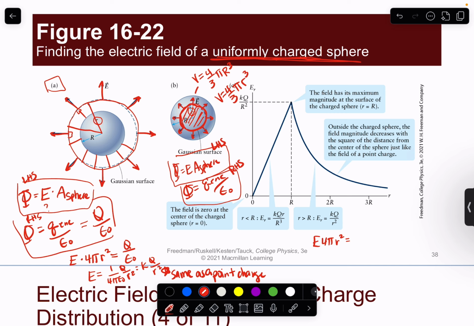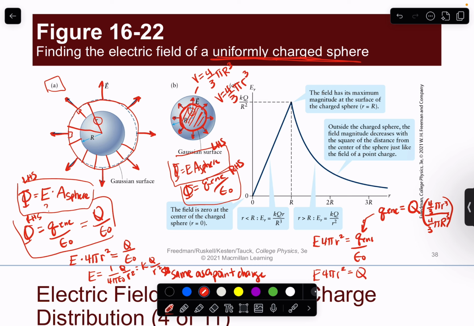Now when I set my right-hand side equal to my left-hand side, this Q enclosed is going to be equal to the total charge times the fraction that's enclosed. The fraction being 4/3 pi little r cubed over 4/3 pi big R cubed. That's going to be my Q enclosed. And so now I can plug everything in.